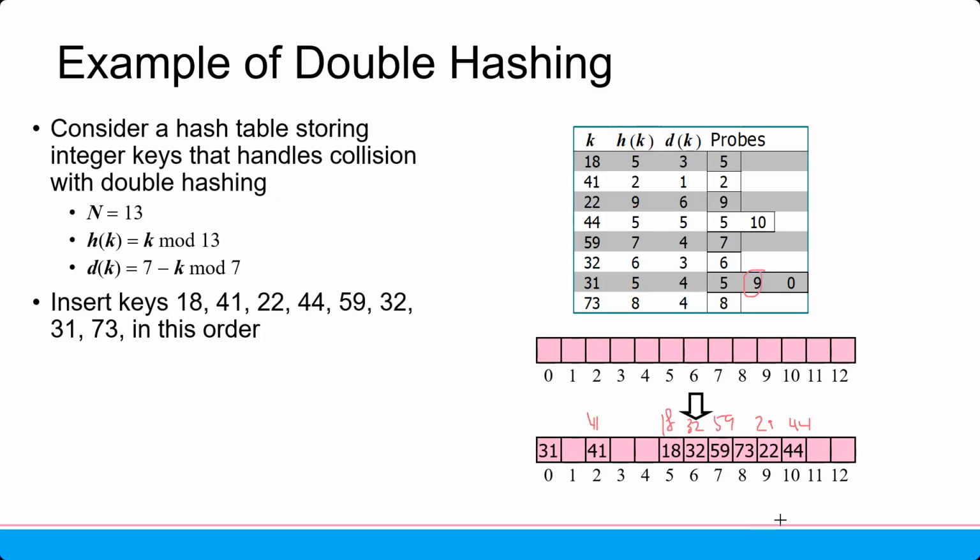So 9 is already occupied, and we cannot put it here. Then we have 5 plus J times the decay mod n. When J equals 1, the result is 9. When J equals 2, we have 5 plus 2 multiplied by 4 mod n.